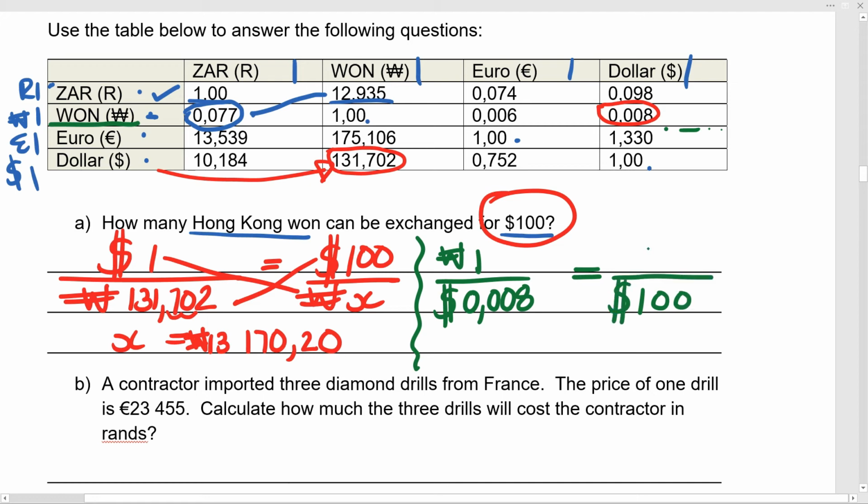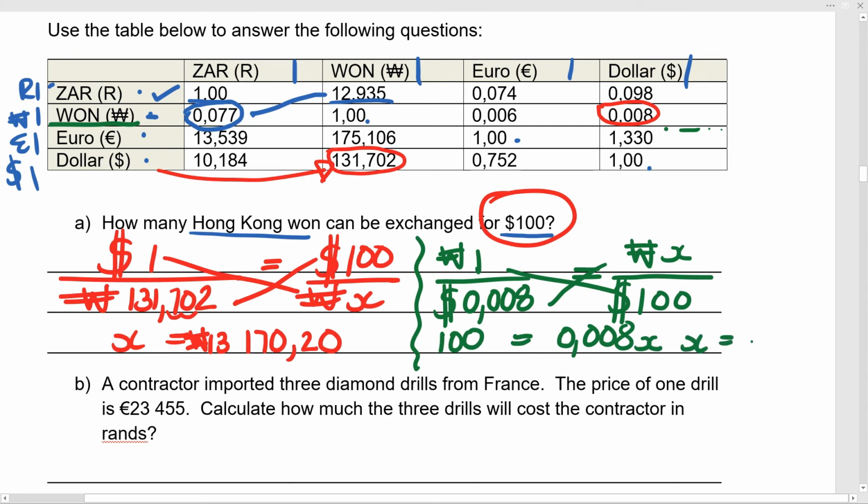The thing I don't know is the number of won. Okay, so now it's going to be 100, cross multiply like that, 100 equals 0.008x. Do that on your calculator.